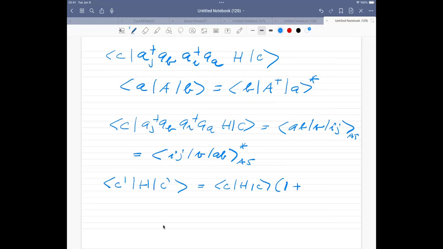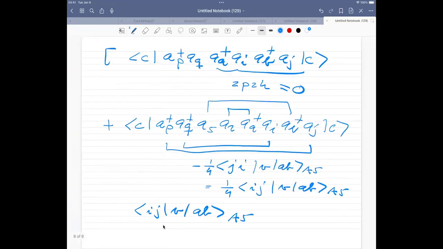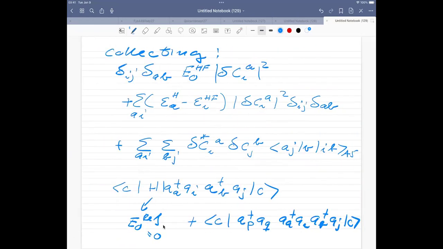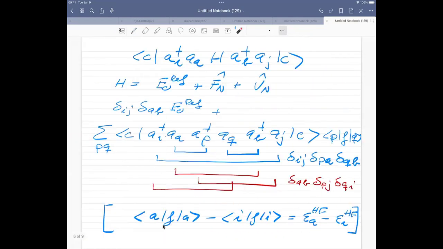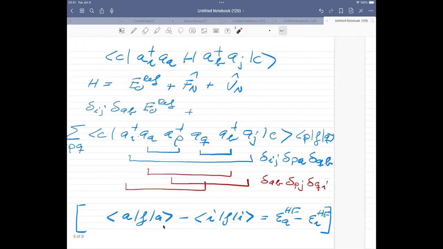Now, if you then look at the terms which we have, if we now start collecting, what you get, if we go back here, you saw that we got a term here which contains this E0. So if you look at this specific term here, that one gives rise to a term which contains E0.